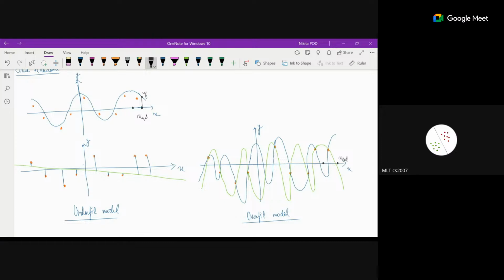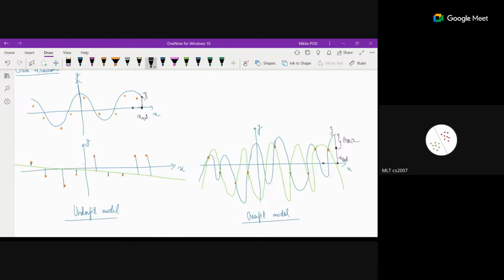I'm taking the same X test. If this is the X test, my ideal Y should have been somewhere here, but we are getting this as Y hat. So this is the error that we are getting.